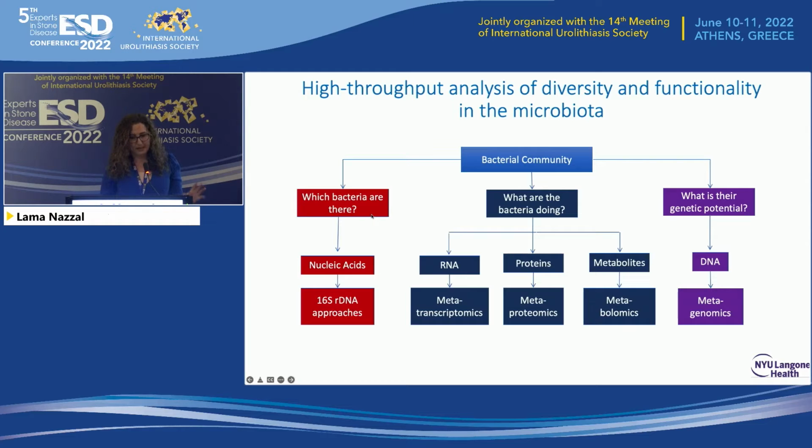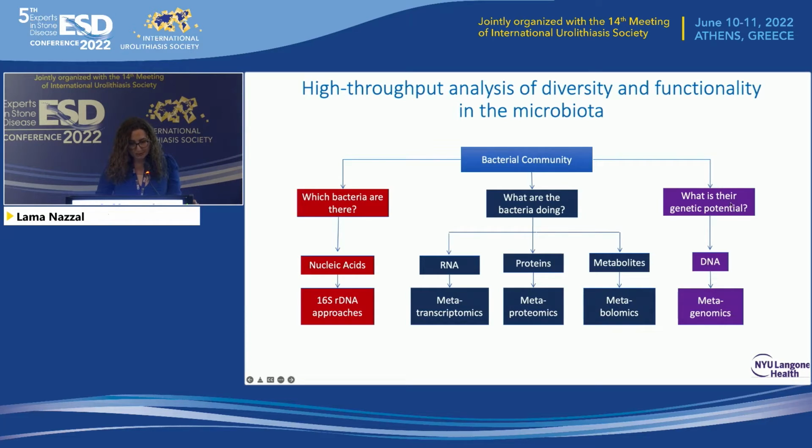So in trying to understand the diversity and functionality of the microbiome, we can know what bacteria are there, and that's usually done using 16S rRNA approaches, where we sequence a small part of the gene and we identify what bacteria are present. But we can also know what bacteria are doing, and that's through RNA sequencing, the metatranscriptome, and what proteins they're producing with metaproteomics, or what metabolites they're producing through metabolomics.